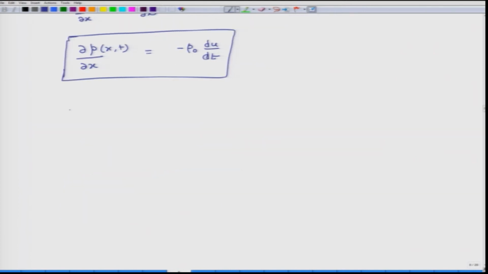Next thing, we know that du over dt. So, we know that u depends on what? X and time. So, this is the total derivative of u, and that I can rewrite as del u over del t plus del u over del x times del x over del t.